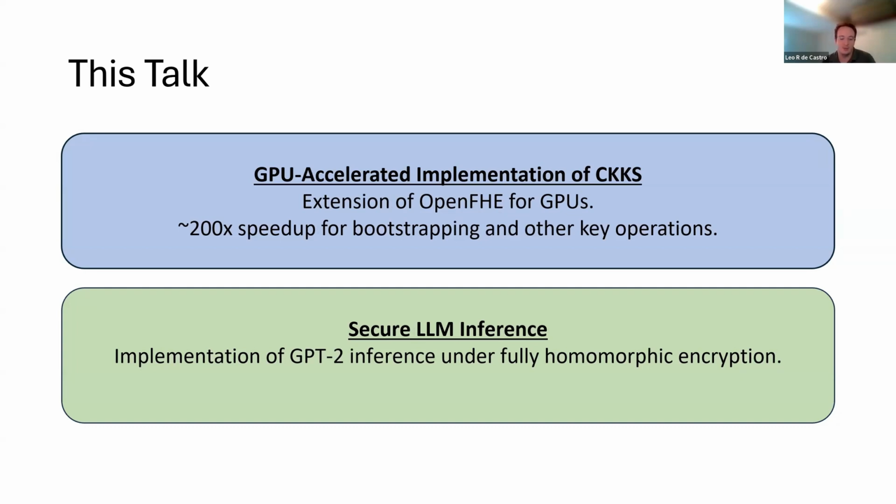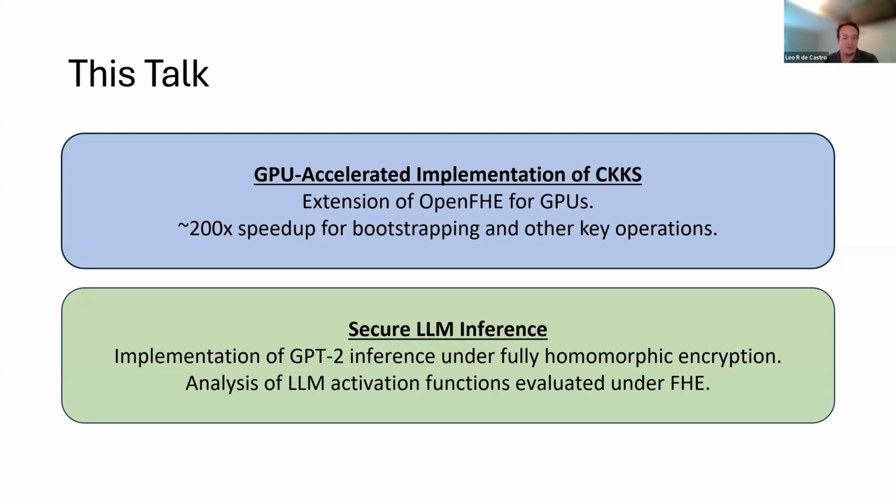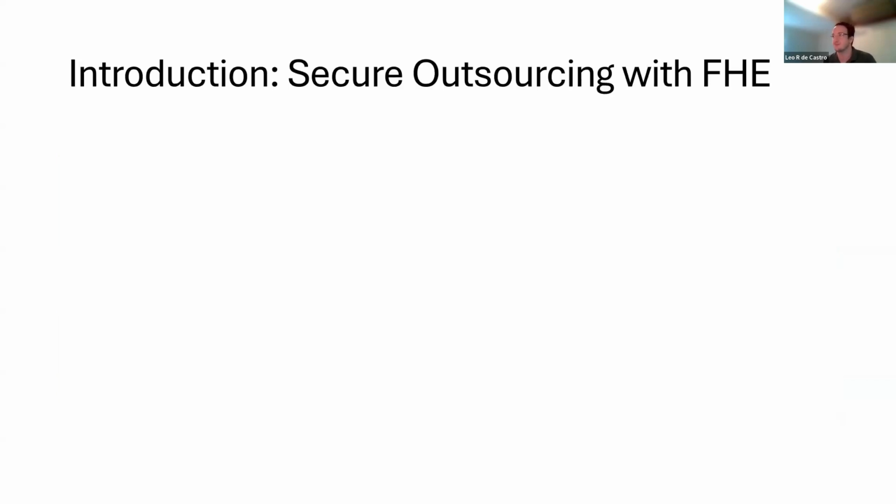We're going to go into details about what that circuit looks like later on. And this required an analysis of the LLM activation functions when evaluated under FHE. As we'll see in a bit, you really can't evaluate these functions directly, so you have to come up with some clever tricks to accommodate these nonlinear functions.